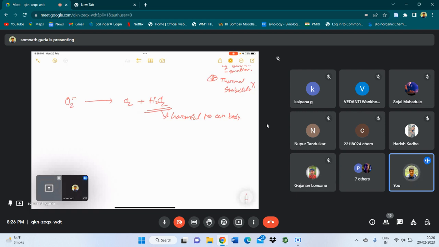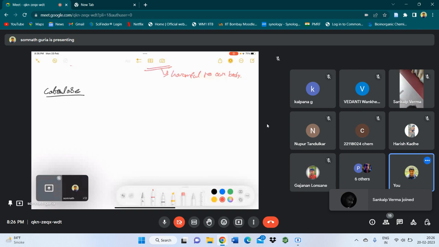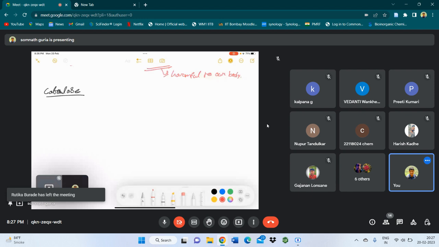Next, coming to the catalase enzyme. Catalase is basically an iron heme unit with nitrogen, nitrogen, nitrogen, axially ligated with tyrosine.